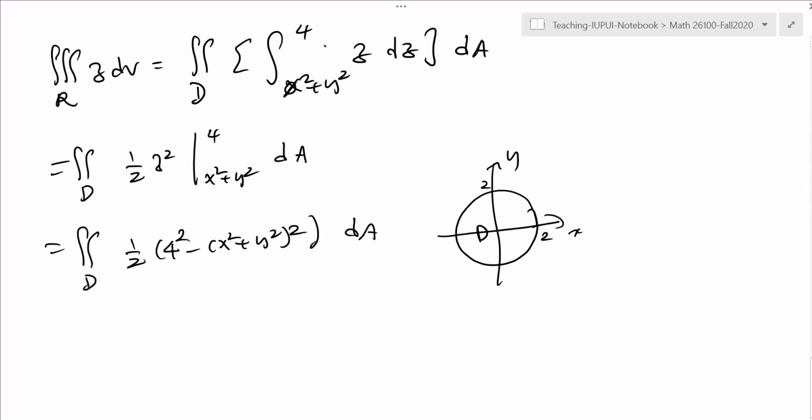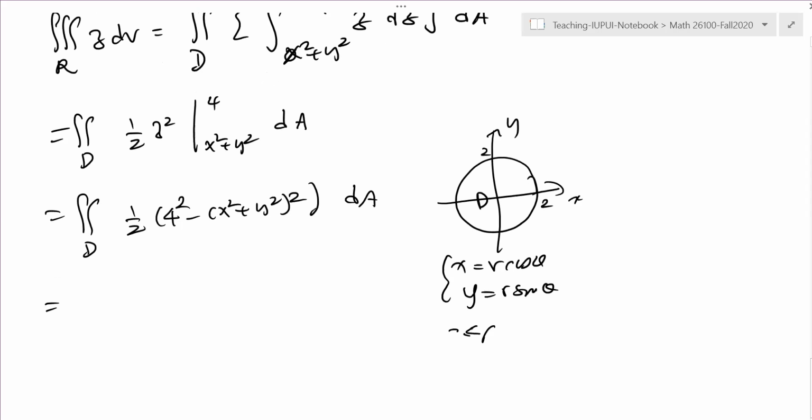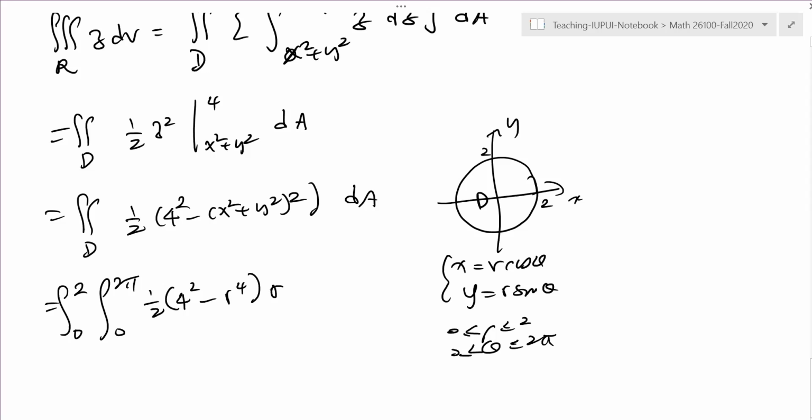Then of course you use polar coordinates, so x equals r cosine theta, y equals r sine theta. r is between 0 and 2, theta is between 0 and 2 pi. And finally I get the integral from 0 to 2, from 0 to 2 pi, of half of 4 minus r squared, squared, dr d theta.